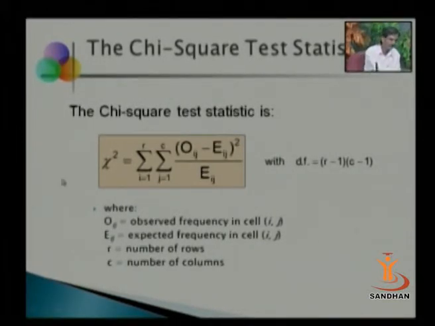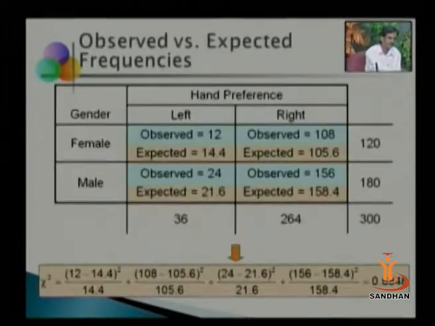Here Oij are the observed frequencies for the ijth cell, Eij are the expected frequencies, r is the number of rows and c the number of columns. For example, for a 5 by 5 table, the degrees of freedom is (5 minus 1) into (5 minus 1), that is 16.